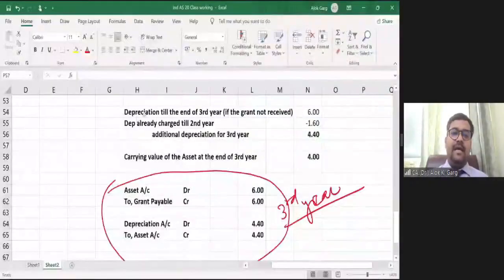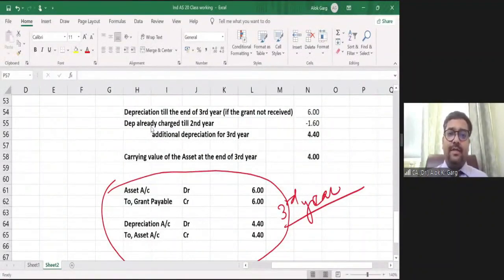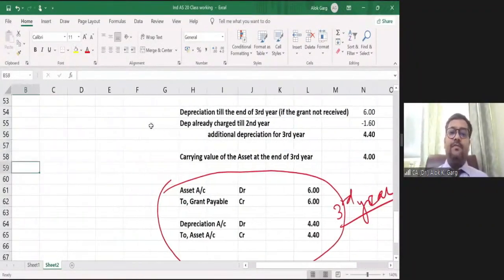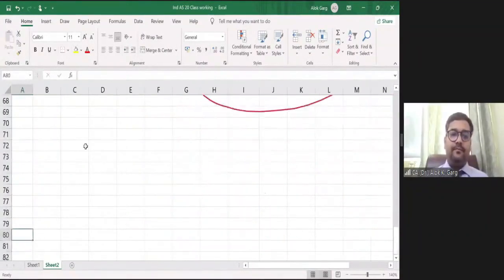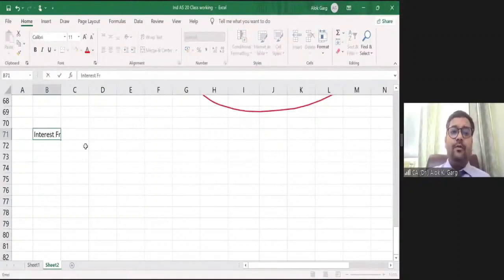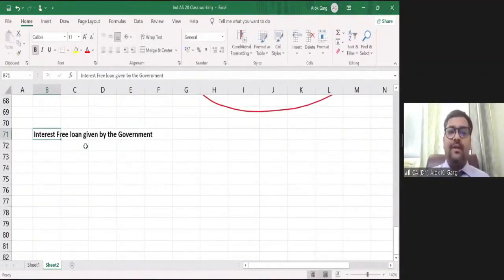So guys, I'm just discussing a government grant which is related to an interest-free loan given by the government. And the same formula applies to concessional rate loan also. Interest-free loan given by the government.